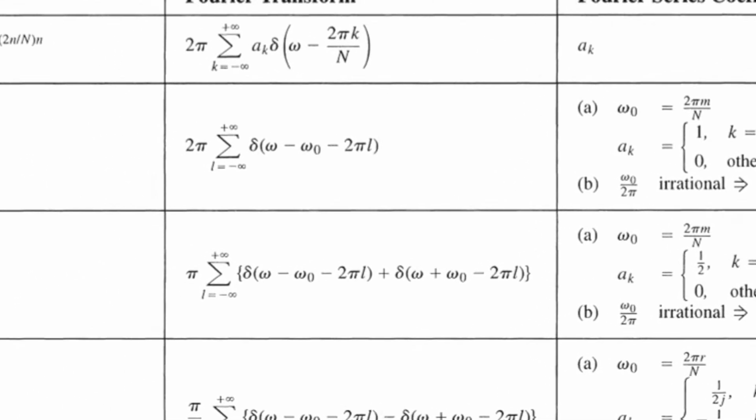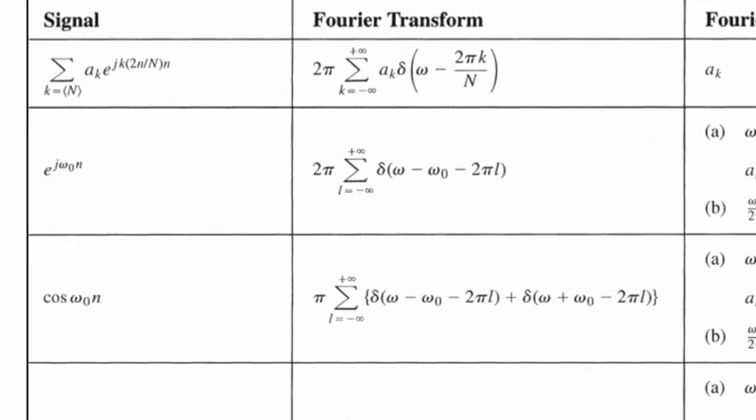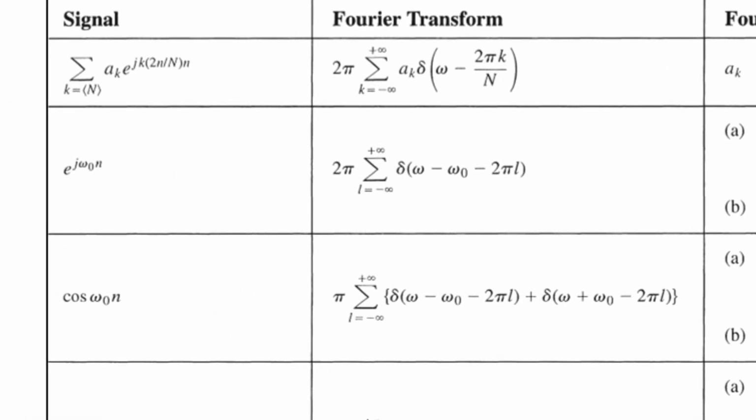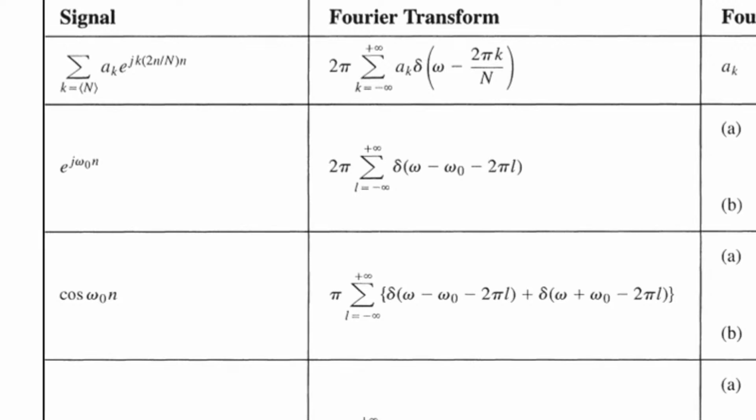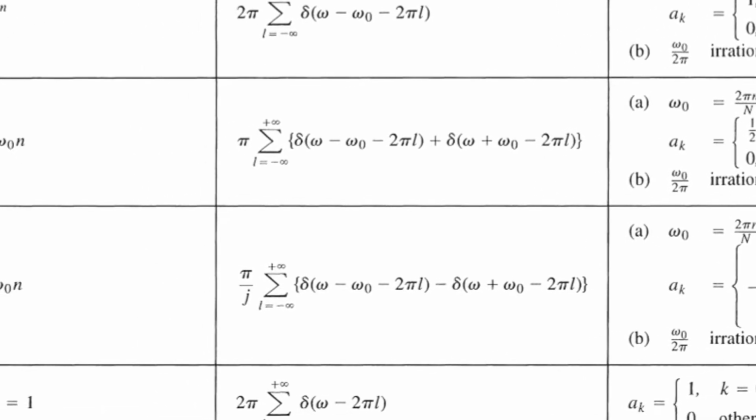And the weird thing is that when omega naught is irrational, this is actually not a periodic function in the discrete-time signal sense, but you still get a delta function.